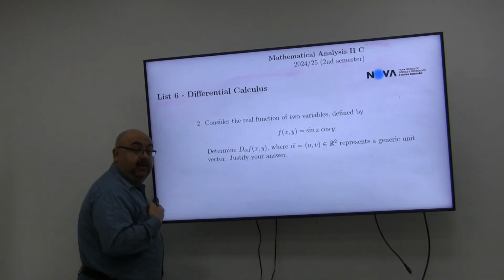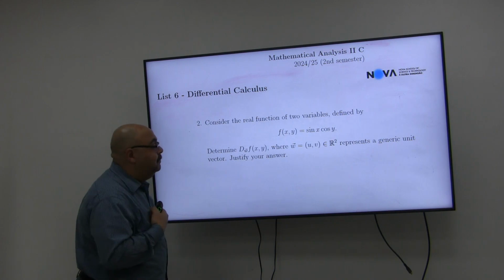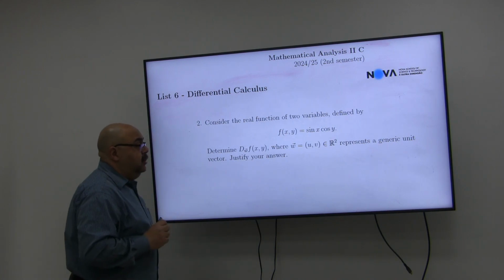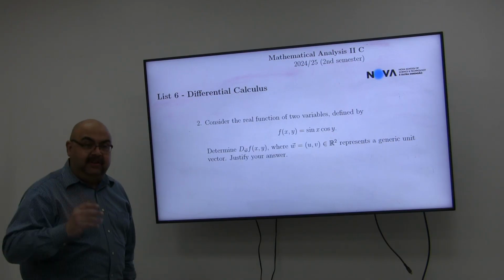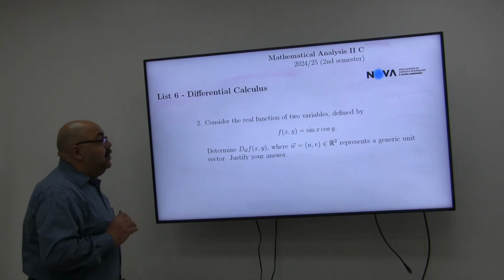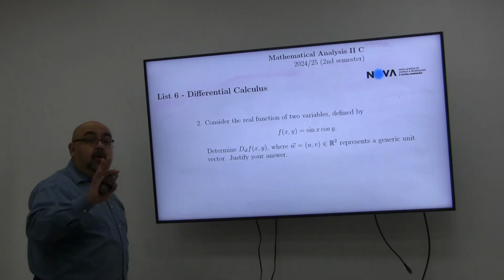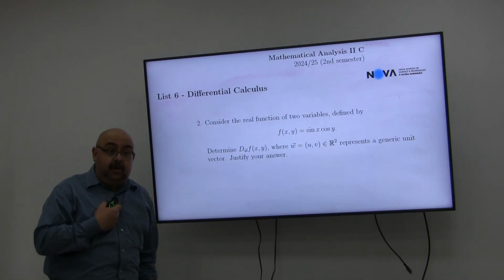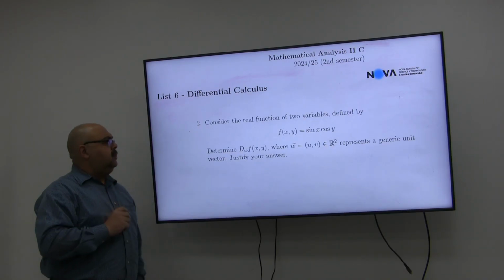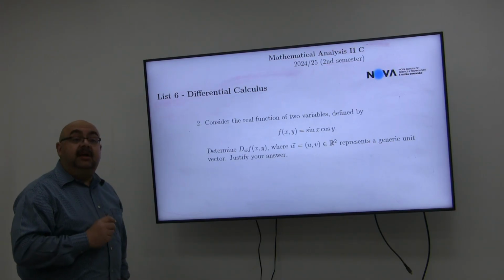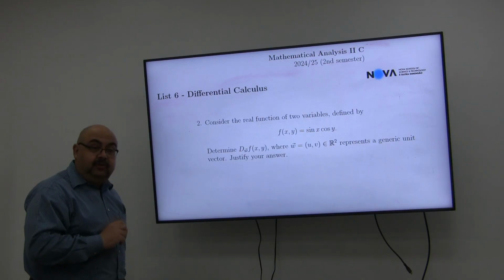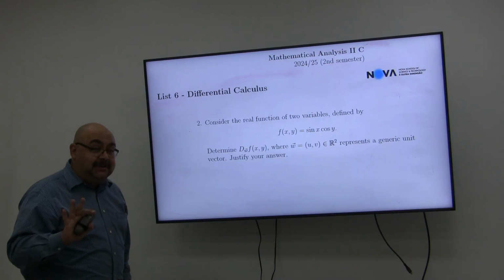So I'm going to evaluate the directional derivative in this problem, where w = (u, v) belongs to R2, which means it's a general vector. It represents a generic unit vector. He told me it's a generic unit vector, so we don't need to check whether this vector is a unit vector or not, because he already announced this for me.